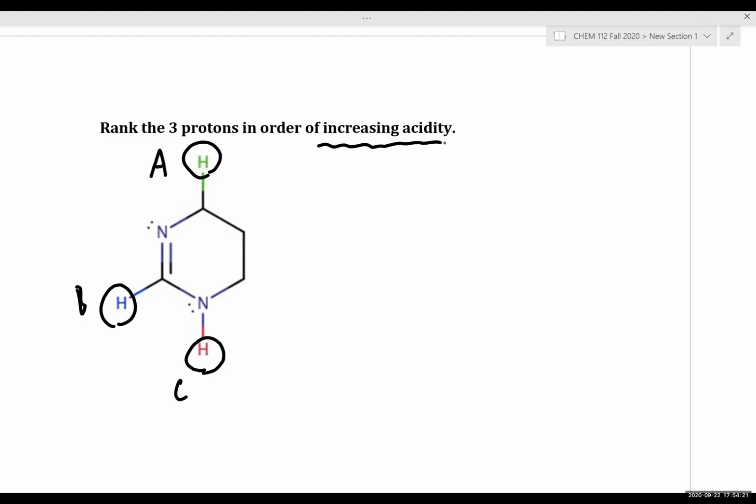So let's try to get a few more responses in the chat before we discuss. And make sure you have a logical basis to back up your argument. I noticed in the chat there was a mention that after you remove proton B, that species can participate in resonance.